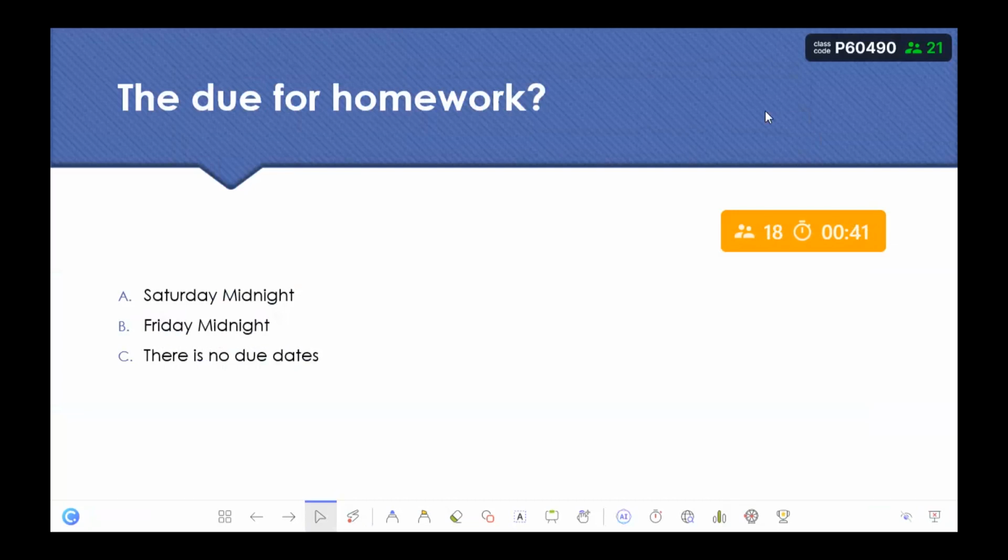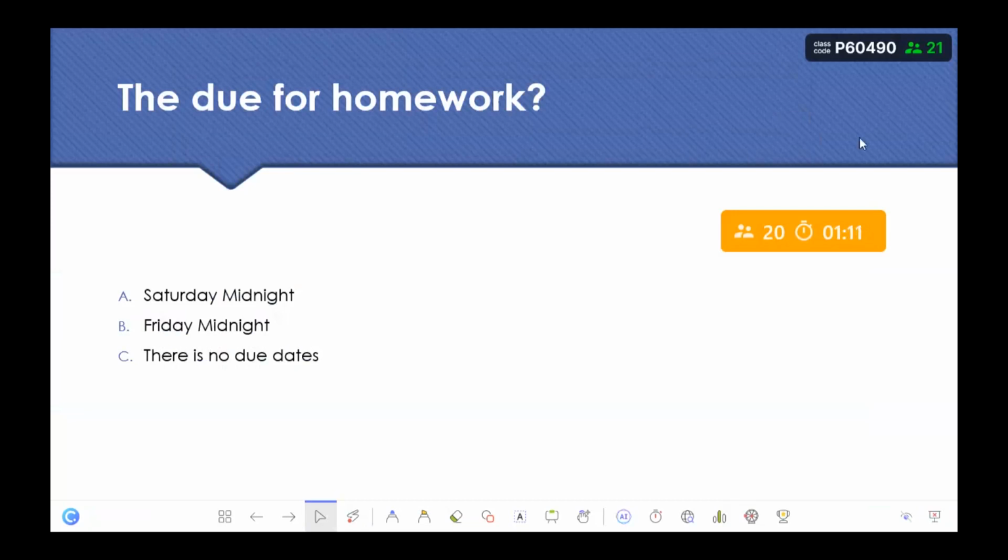You may say, why is the due date not Monday, or Sunday midnight, or Monday before the class? The reason it is Saturday is that I would like to grade this homework before Monday. You will have access to my feedback. So that's why.